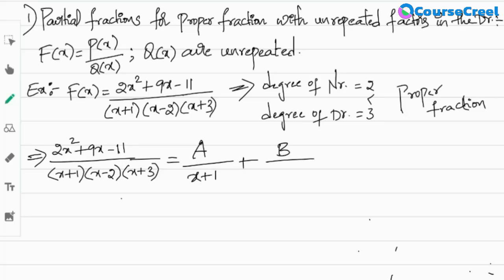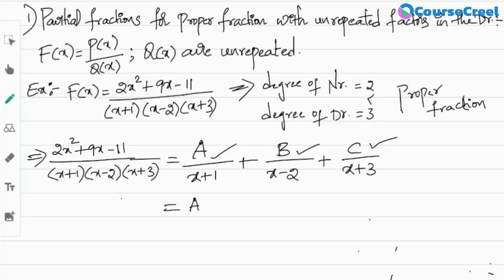So a by x plus 1 plus b by x minus 2 plus c by x plus 3. So these are the partial fractions. Now we need to find the values of a, b and c in order to obtain the partial fractions for this given fraction.